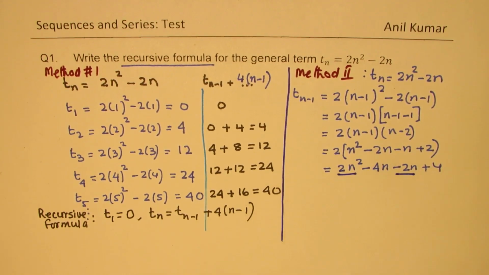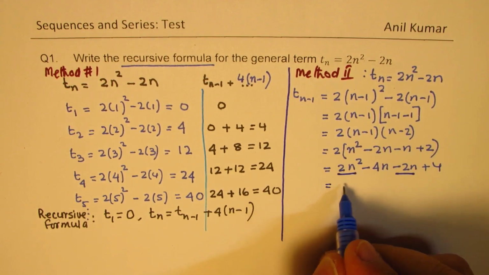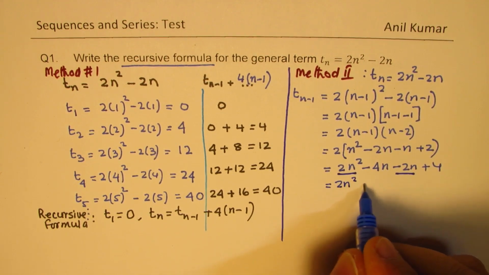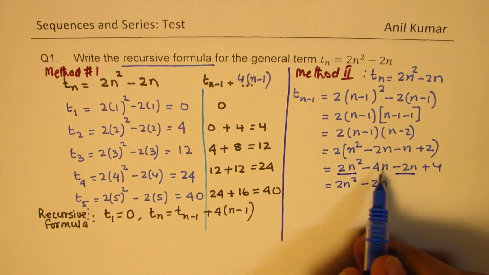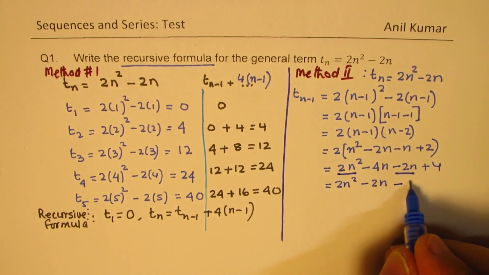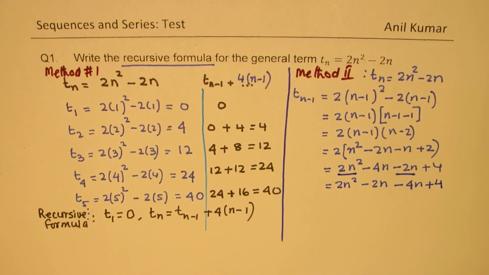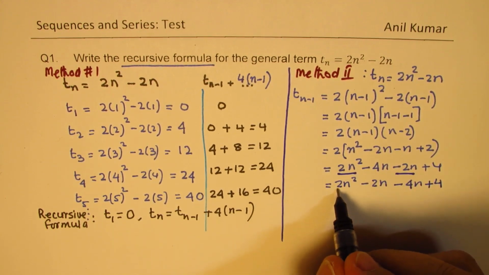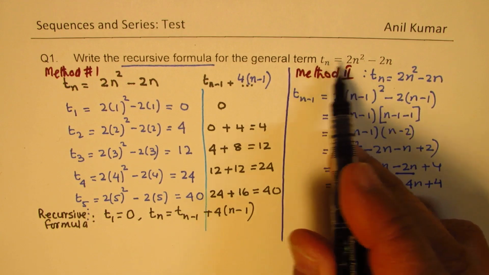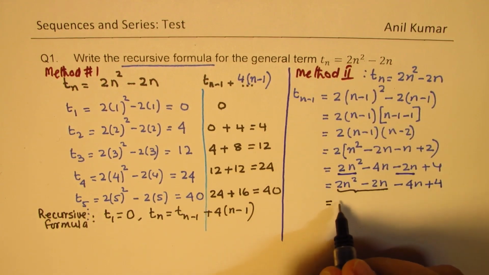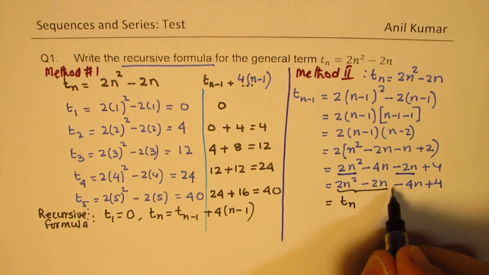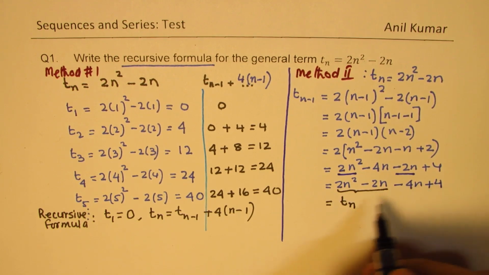So we could combine these and rewrite our expression as 2n squared minus 2n, and here we are left with minus 4n plus 4, correct? So these first two terms are tn. Do you see that?